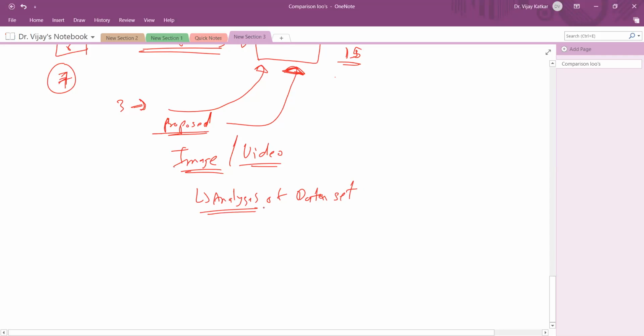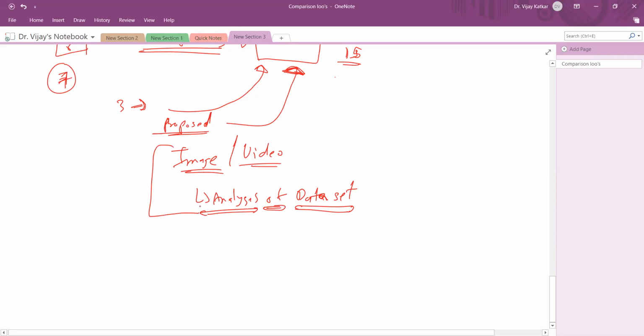You are supposed to write some review paper on analysis of the dataset. Let's say you have breast cancer images, then perform a detailed analysis of the dataset and write a paper. Because if you know the data, then only you can apply machine learning algorithms properly instead of going for blindfolded shots. So this should be your first paper.